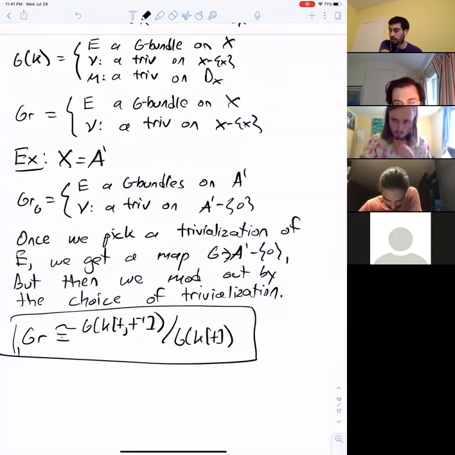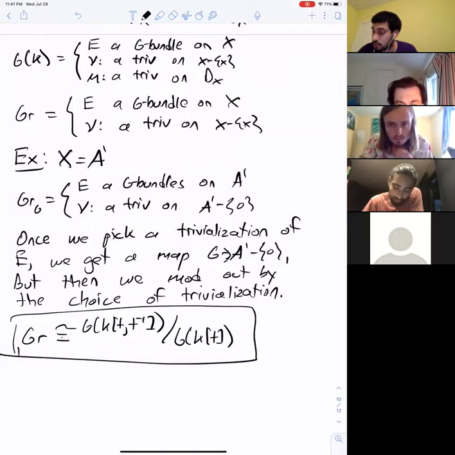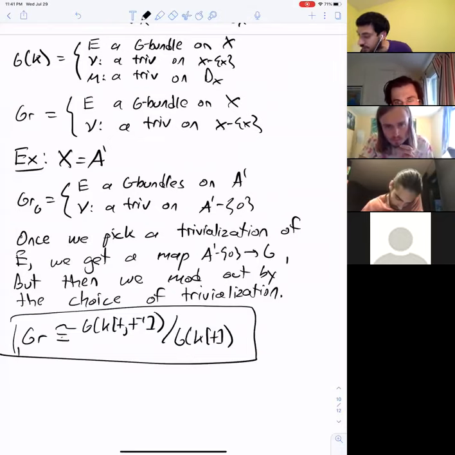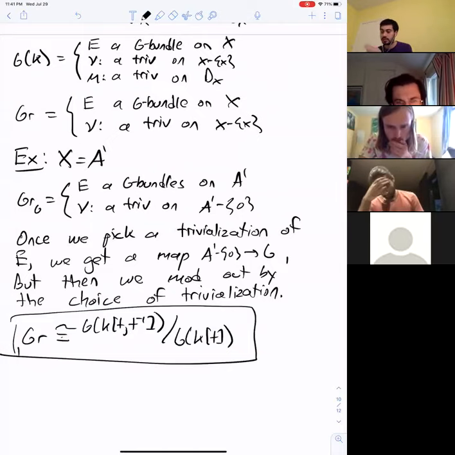I think the map goes backwards. Is maybe that the issue? Oh, yeah, that is very much the issue. My bad. We get a map from A1 minus 0 to G. And that's exactly what we want, because those are maps from Spec K((T inverse)) into G, and those are K((T inverse)) points.